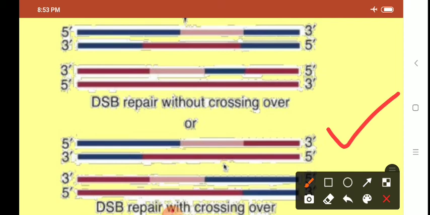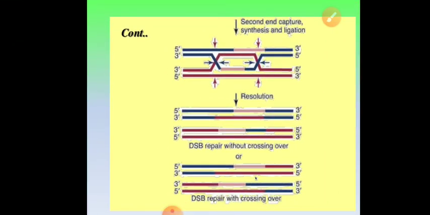Okay, if it occurs without crossing over, then the flanking region may not be recombined, but if it occurs with crossing over, the flanking region will be recombined. This is how a double stranded break in DNA can be repaired, by the process of homologous recombination.